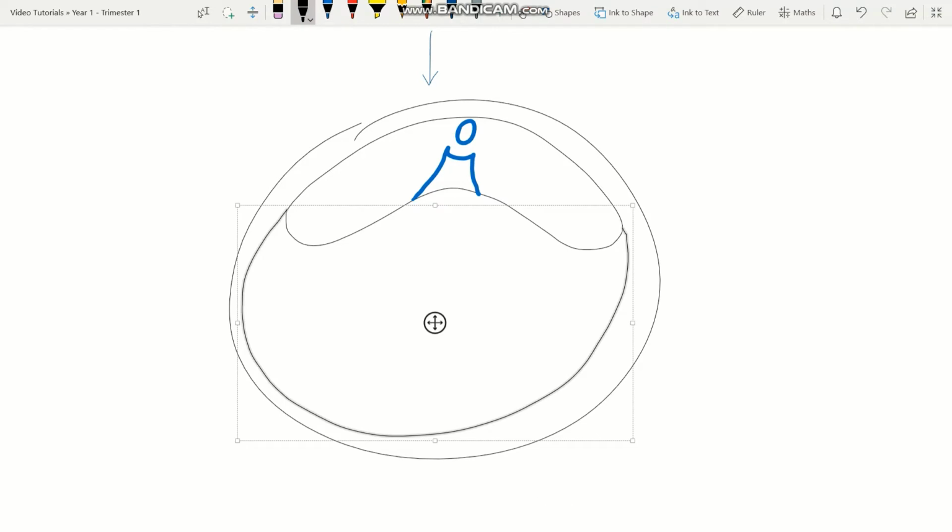So essentially, there will be a layer looking like this and a layer looking like this.